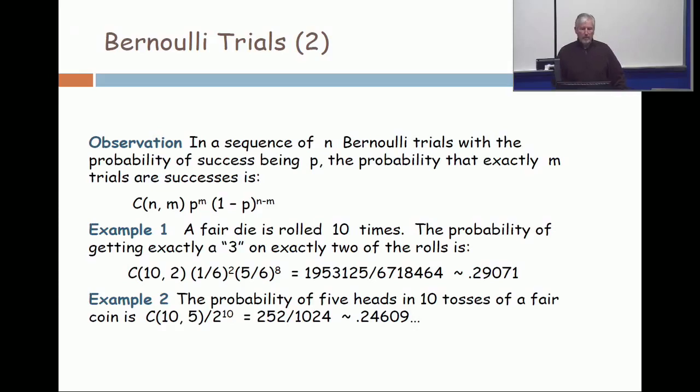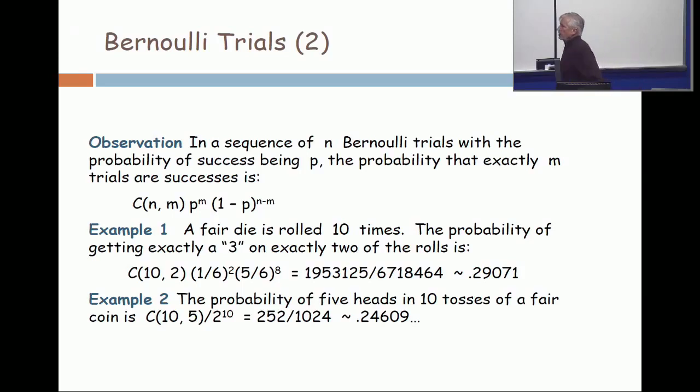So we go back to the example on the previous slide. A fair die is rolled 10 times. The probability of getting a 3 exactly twice is C(10, 2). Out of the 10 trials, have 2 of them be 3.